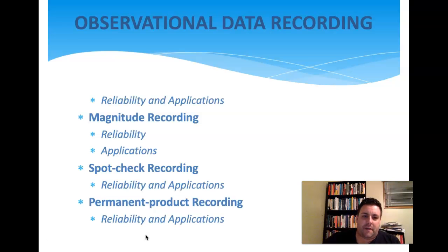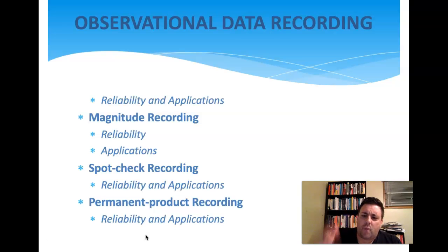If I use the example in a spot check, you're checking intermittently, and then in permanent product recording, you have a video camera or something like that, and you can actually record the episodes of concern, and have multiple people review it.